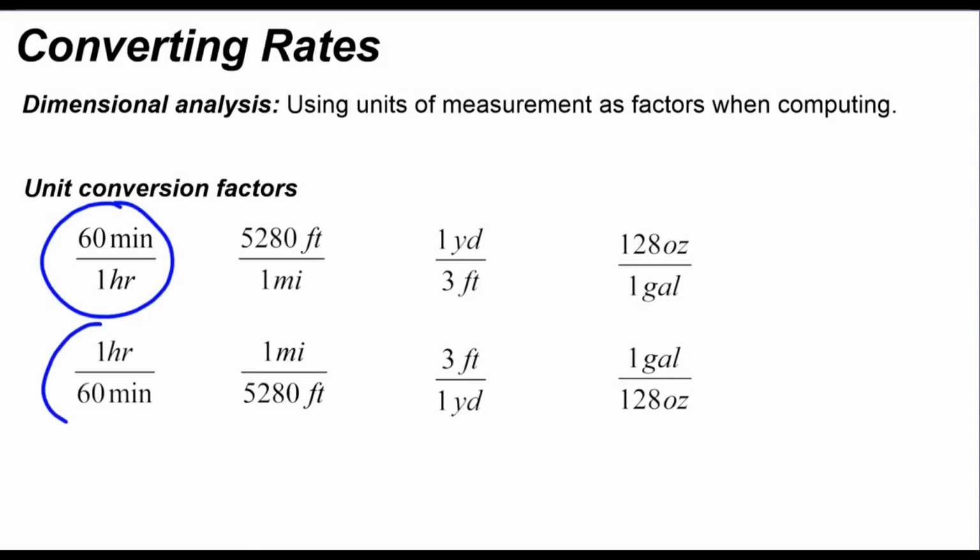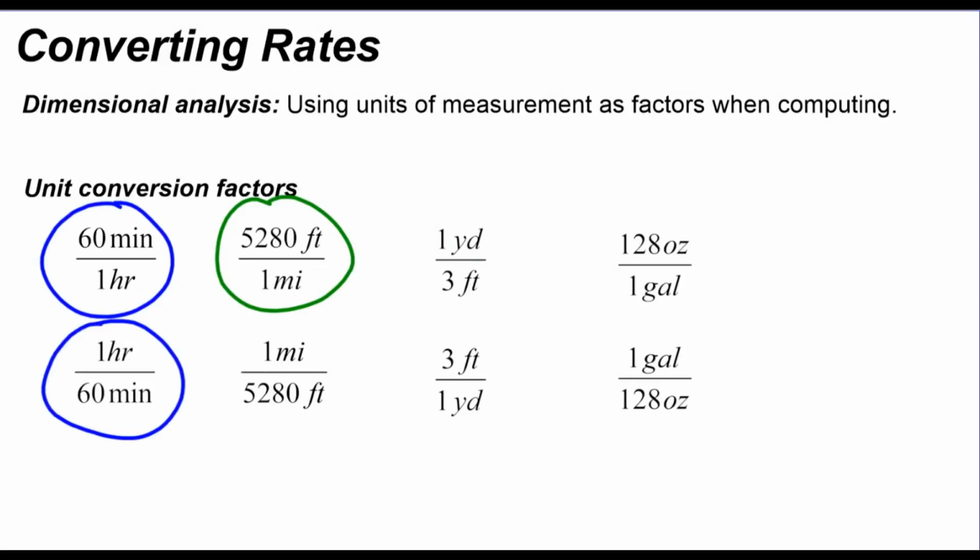Likewise, we could write that same one as 1 hour to 60 minutes. Just flip it over, use the reciprocal. So these are both unit conversion factors, and there are lots of unit conversion factors. I only have a few examples here. Likewise, we could compare feet and miles to write a unit conversion factor. There are 5,280 feet in 1 mile.